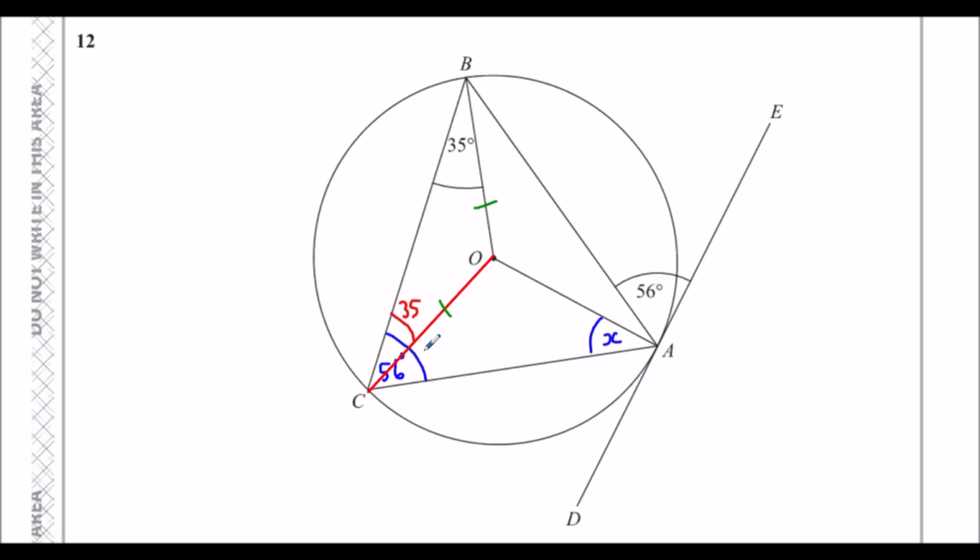So if we've got 56 for the whole angle here, 35 for part of it, we can work out the other part, which is 56 take away 35, which will be 21 degrees. So ACO is 21.